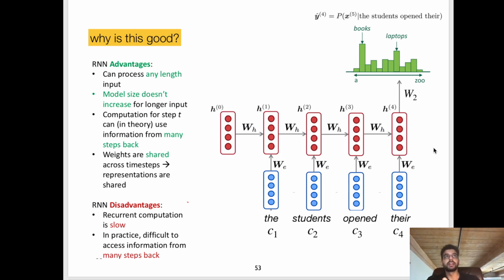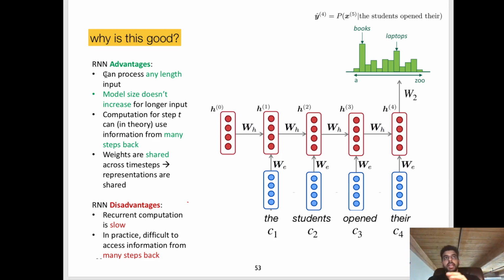So before we conclude, let's just take a look at what are the advantages of this recurrent setup over the fixed window feed-forward language model that we talked about previously. So we've already gone through a bunch of these, right? We can process any length input, right? Because we're operating left to right in this one word at a time kind of framework.